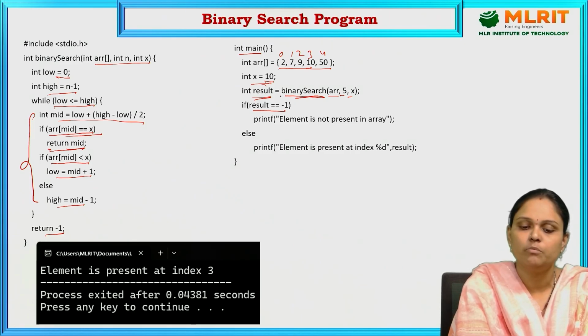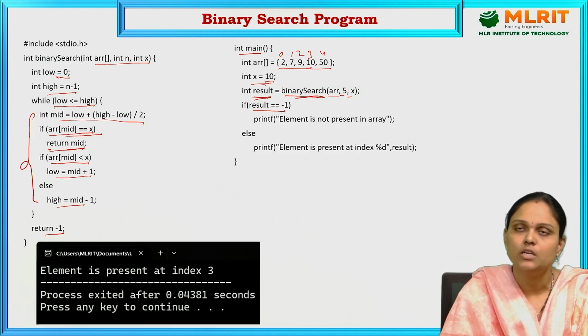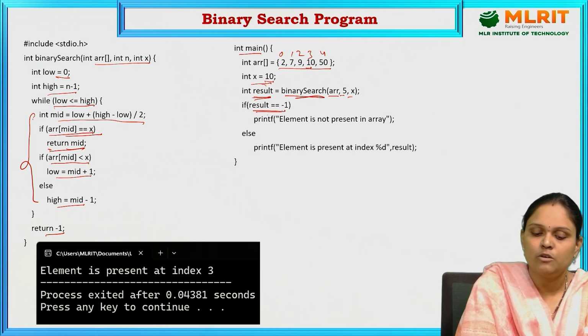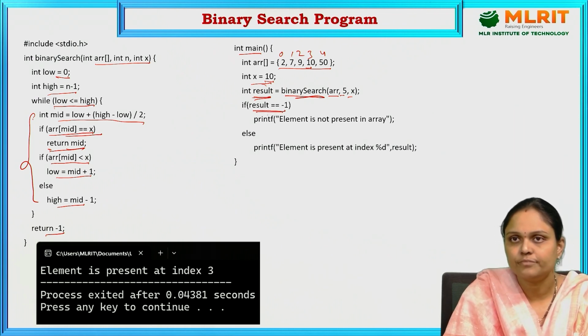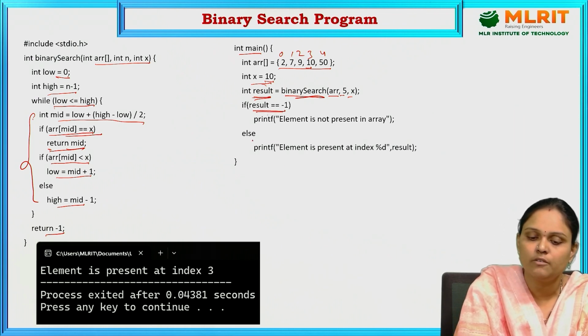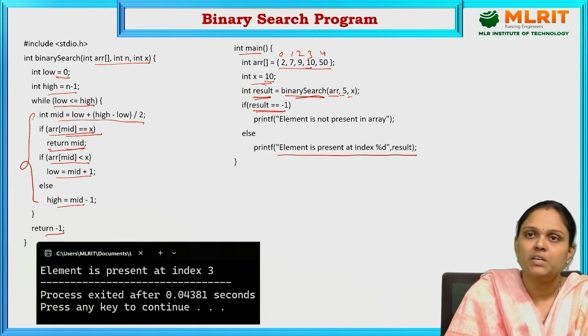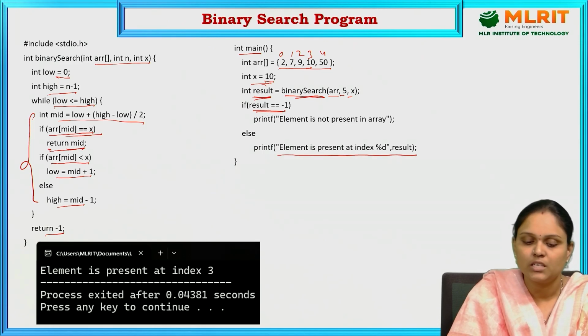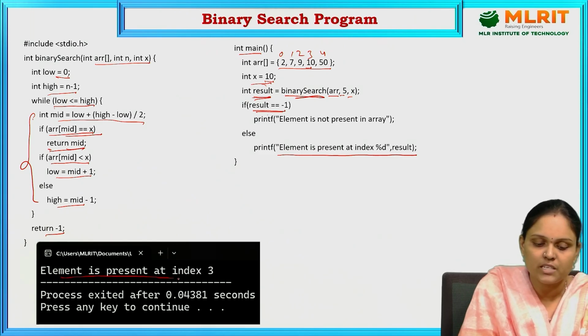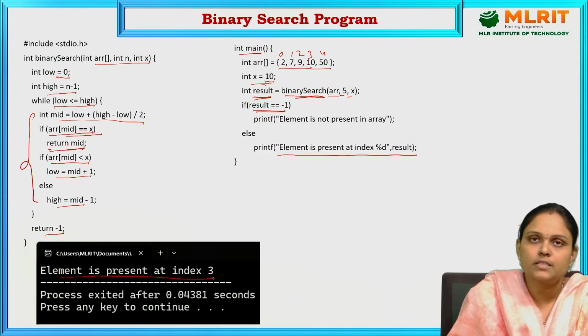The 3 value will be returned here and it will be stored in the result variable. And 3 double equals to minus 1, the condition is false and it is coming to the else part and we are telling element is present in this particular index. In which index position? In the third index position. Element is present at index 3.